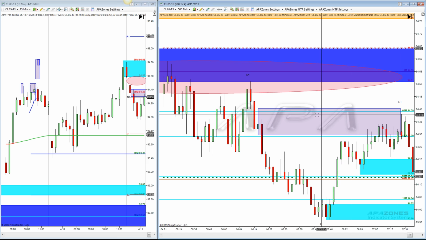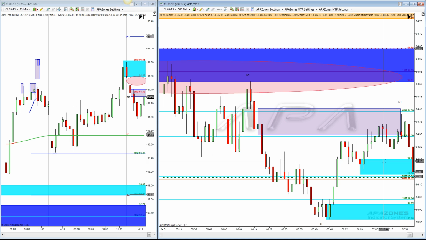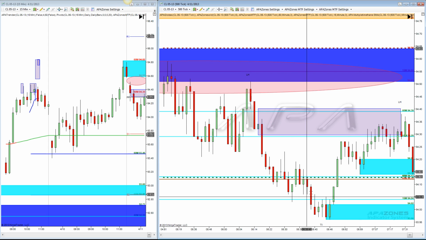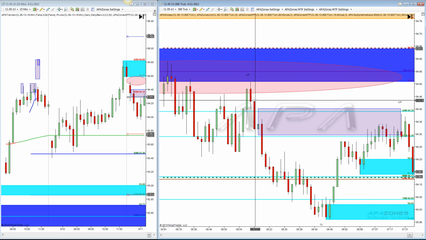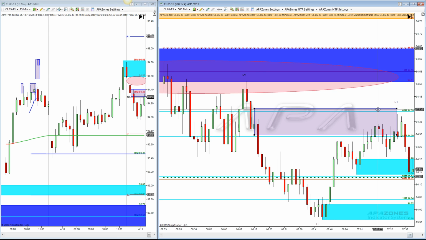So that's how I would see that. All right, so failing to break that thing, anything in the market can happen, you know, but we know that we have a possible downtrend going on, and it really doesn't seem to want to retest this level up here. Okay, so that's kind of how I see things.